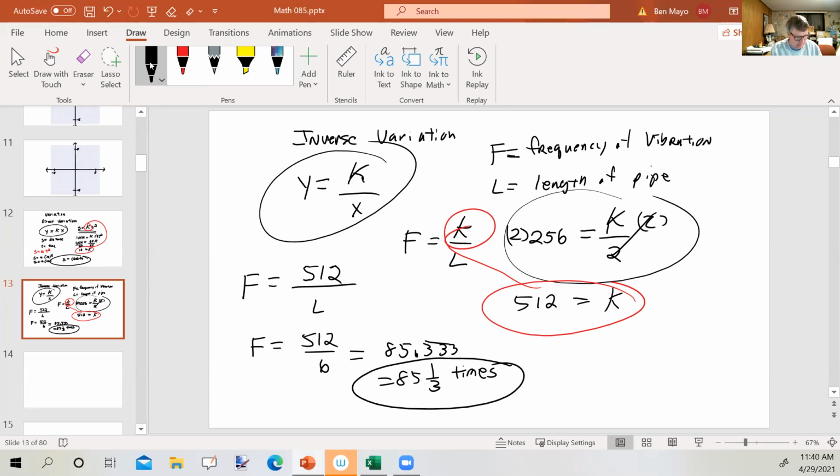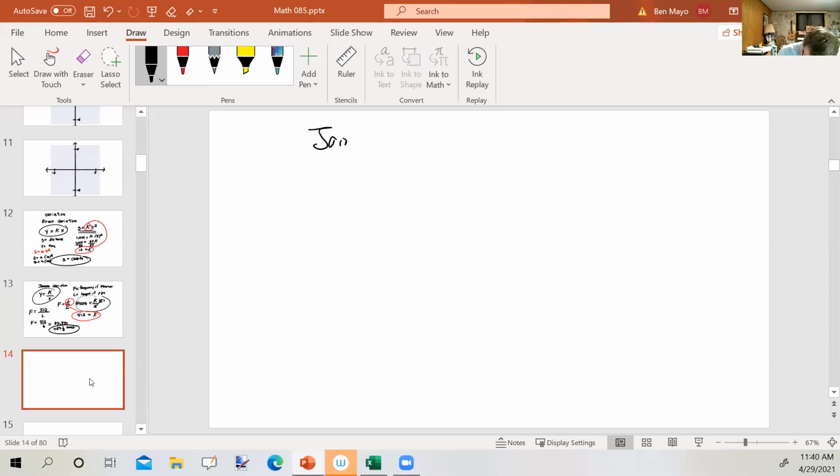All right. So again, inverse variation, one goes up, the other goes down, one goes down, the other goes up. Direct variation, they go up together, they go down together. Finally, the third type of variation we're going to look at today is called joint variation. Some of you might have a joint checking account, which means that there's more than one person on that account.